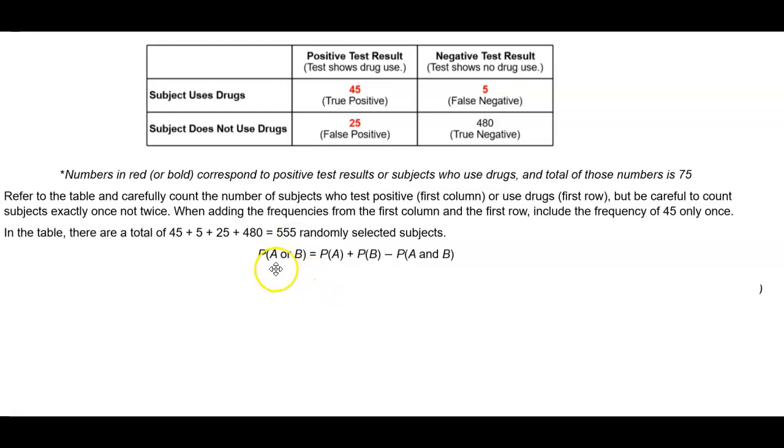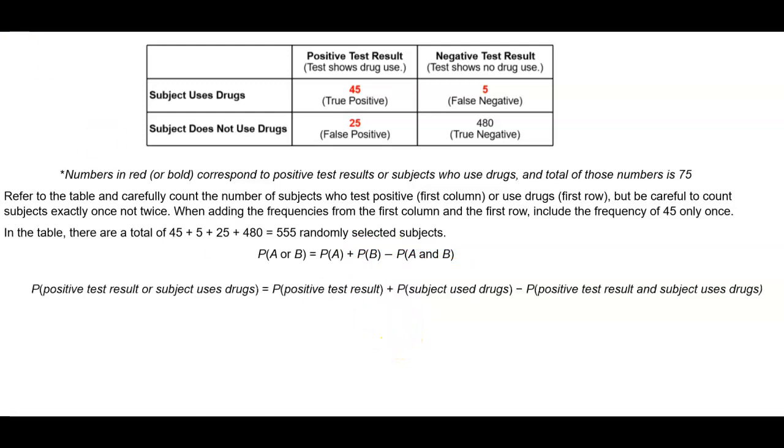Now, we want to find the probability of event A occurring or event B occurring, and the formula is the probability of event A plus the probability of event B minus the probability of event A and B. If we translate this into the question, we're looking for the probability that there's a positive test result or the subject uses drugs.